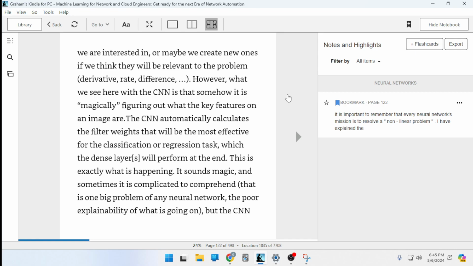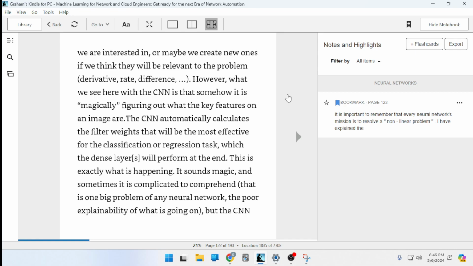However, what we see here with the CNN is that somehow it is magically figuring out what the key features on the image are. The CNN automatically calculates the filter weights that will be the most effective for the classification or regression task, which the dense layers will perform at the end.